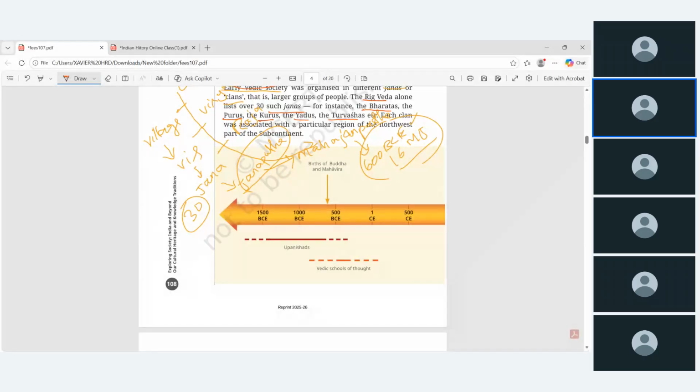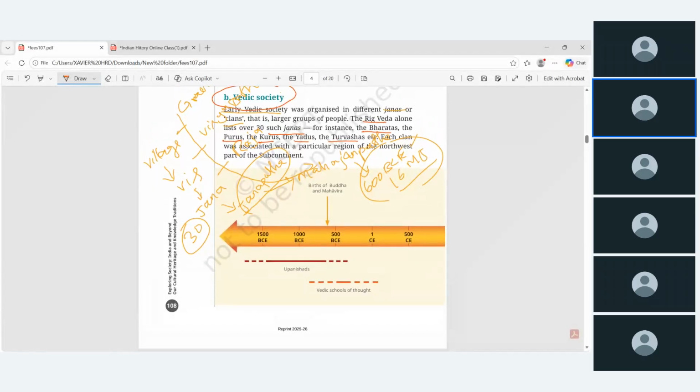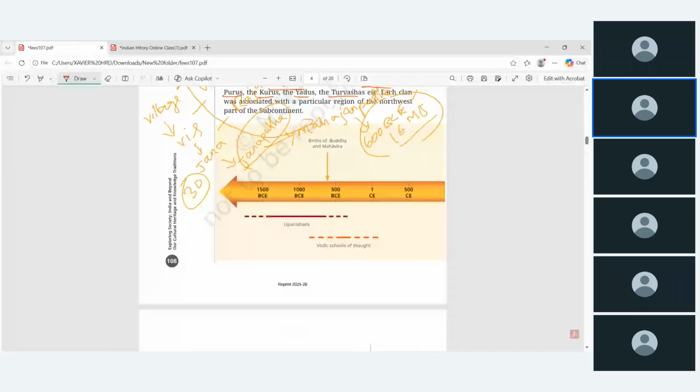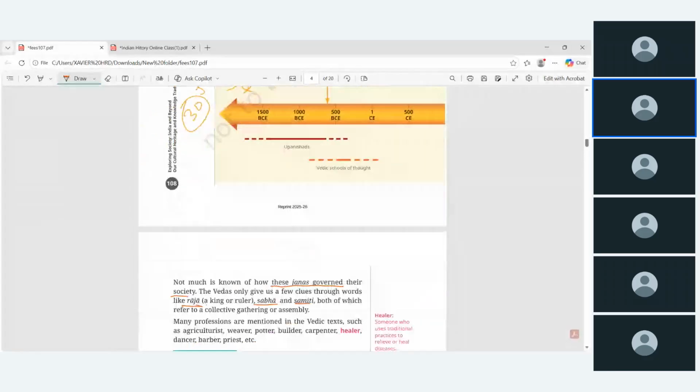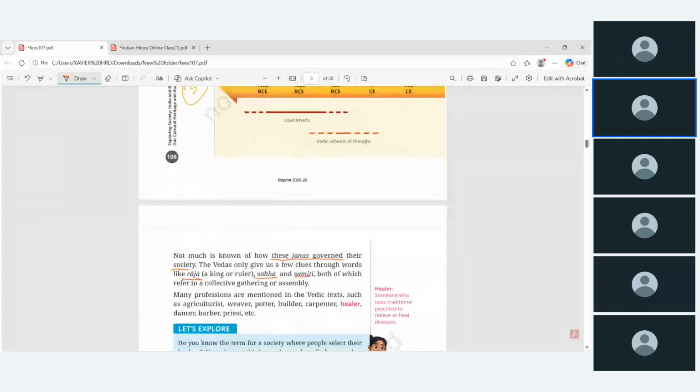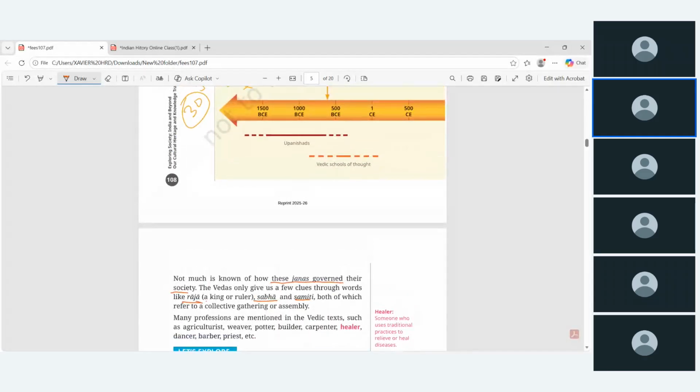There is no evidence of kingship or kingdom there, but there was a governing system, a better administration system, and a centralized system. In the Vedic civilization also, there is no proper clue about who headed the Janas.